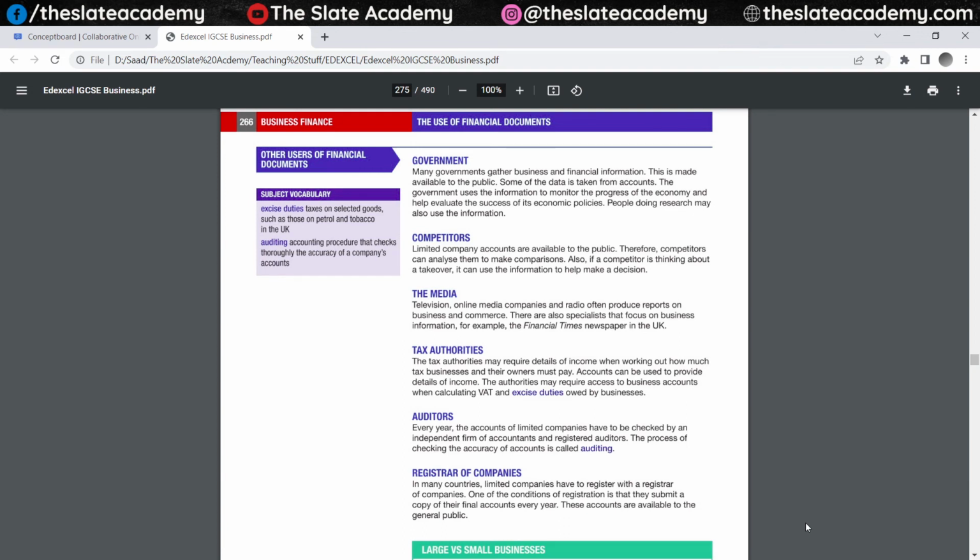Okay, the registrar of the companies is the authority which actually registers companies. If you are a business and you want to become a company, you have to submit your articles of association and memorandum of association with the registrar of the companies.